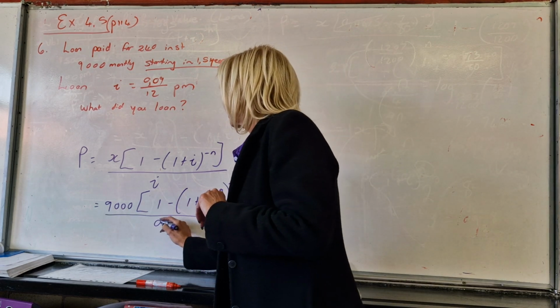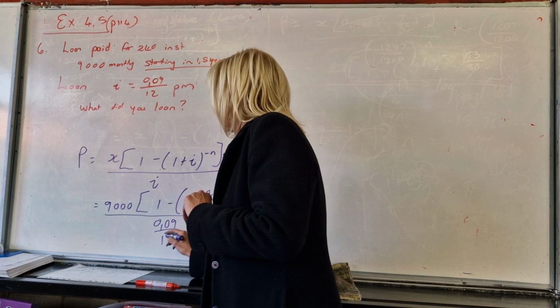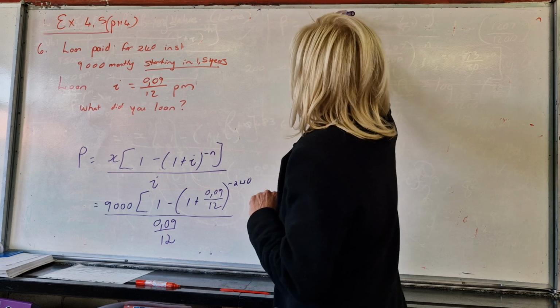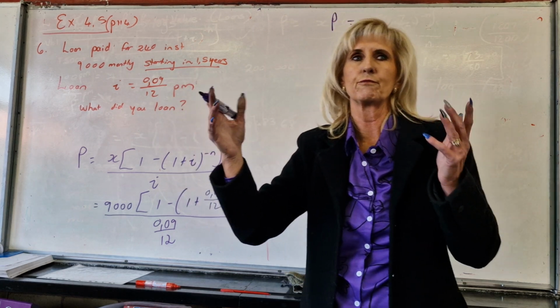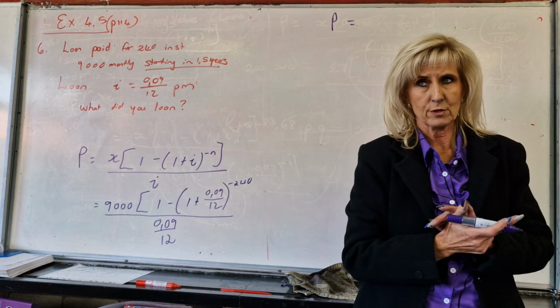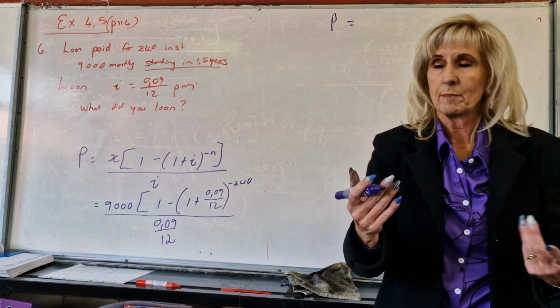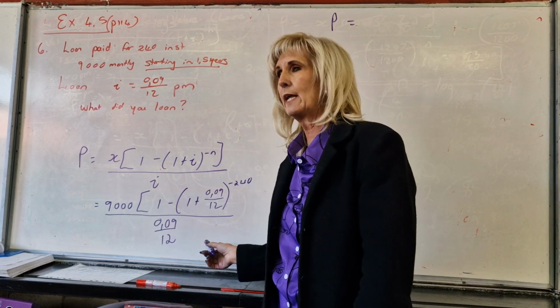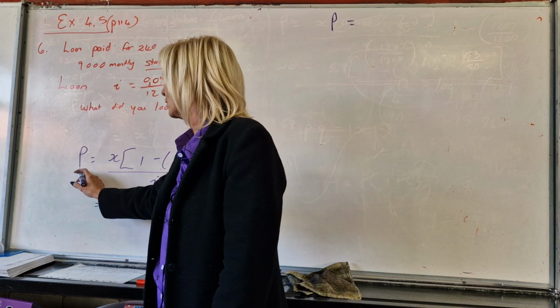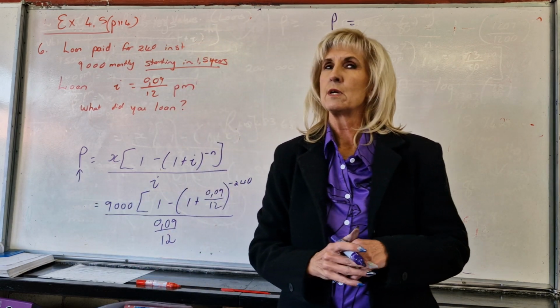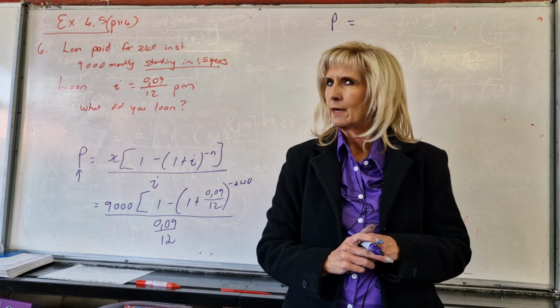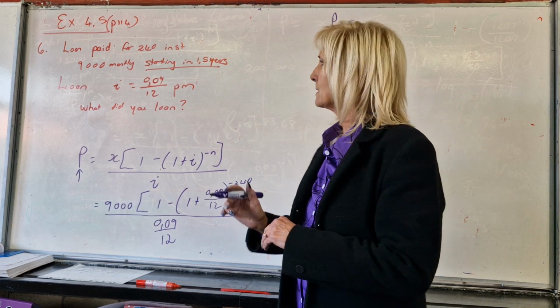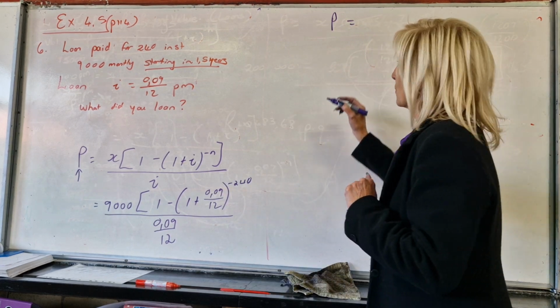And then we've got 0.09 over 12, and I can get an answer. And I have got 3 or so out of 5 or 6 marks, because I'm not done. Please give me an answer. So you put all of that into your calculator, and you'll know what your present value is. Your loan starting amount? This is the amount because P works this way.